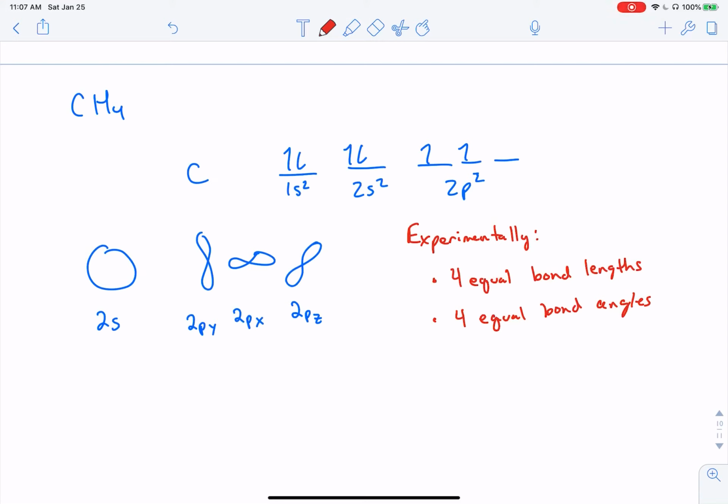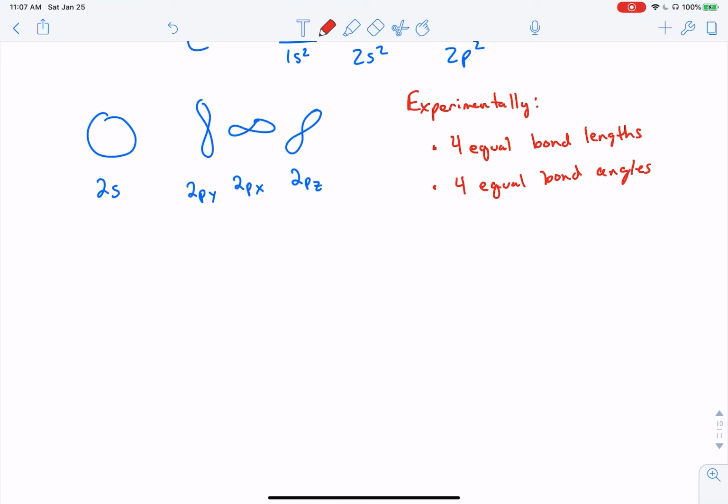Because these are all 90 degrees and this is its own sphere. So what had to happen is that all 4 of these orbitals had to turn into 4 hybrid orbitals that were equivalent.